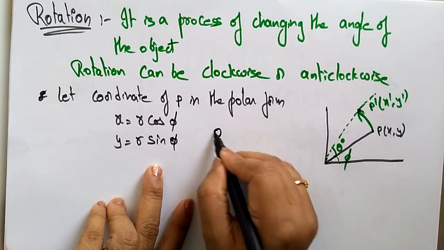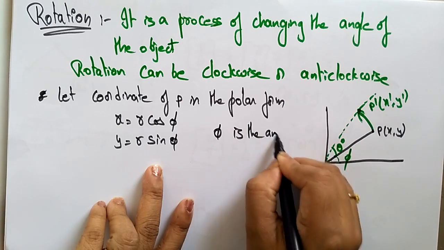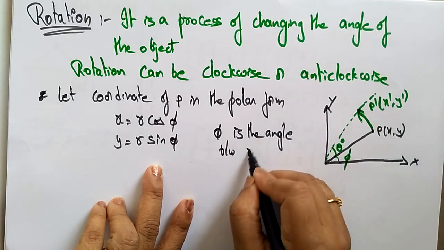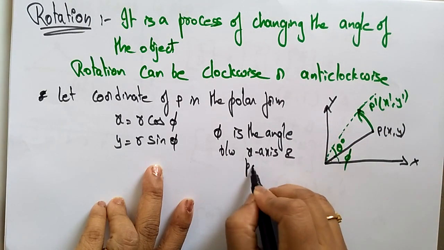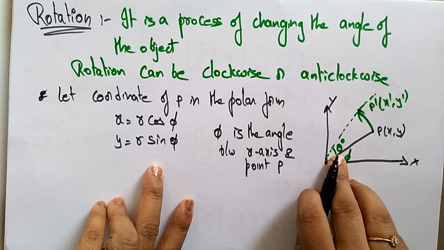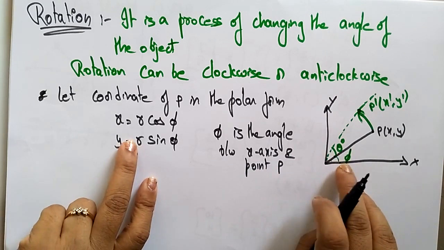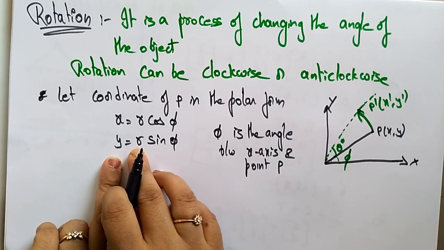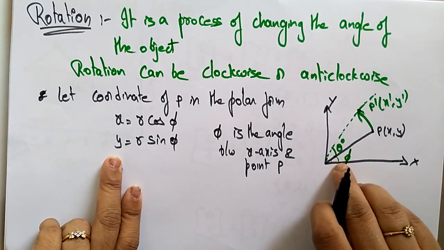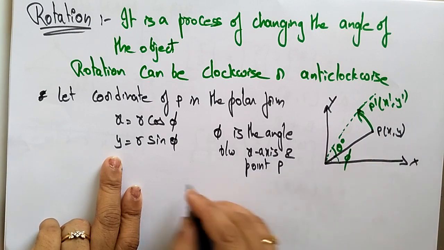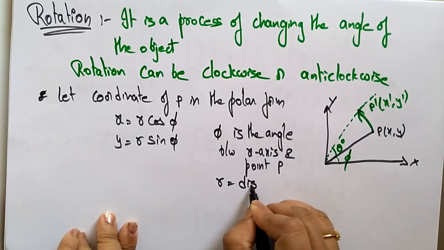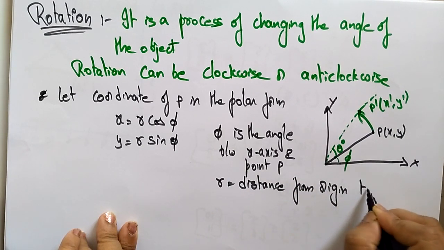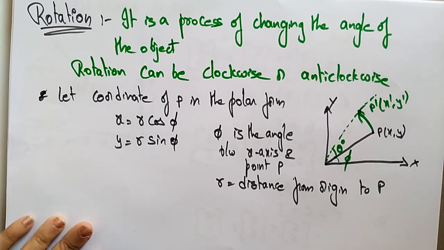So here phi is the angle between the x-axis and the point P. The x coordinate is r cos phi and the y coordinate is r sin phi. Here r is nothing but the distance from the origin to point P. Okay, just remember this.